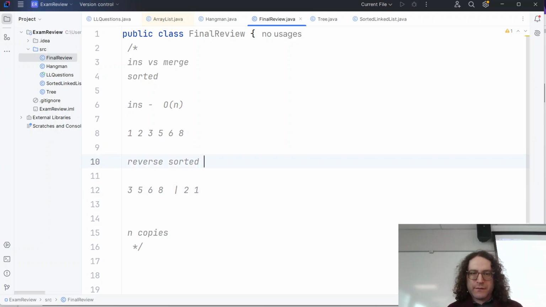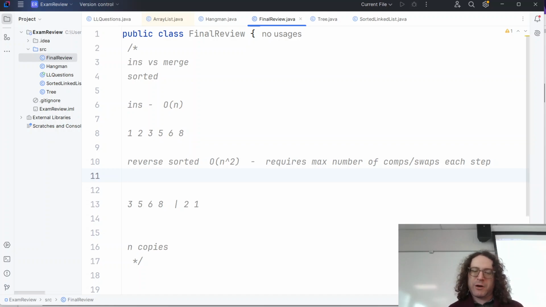So the answer is O of n squared time, because it requires the maximum number of comparisons and swaps each step. And what is that pattern? Well, we need to make n minus 1 comparisons, then n minus 2 comparisons.